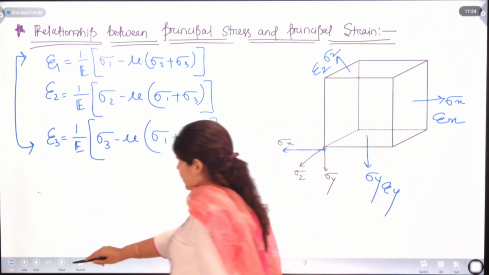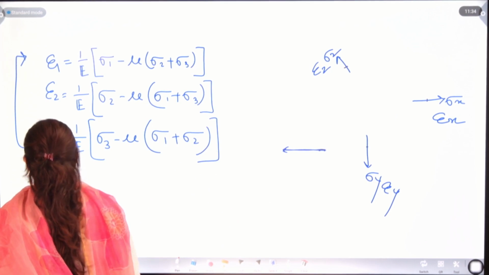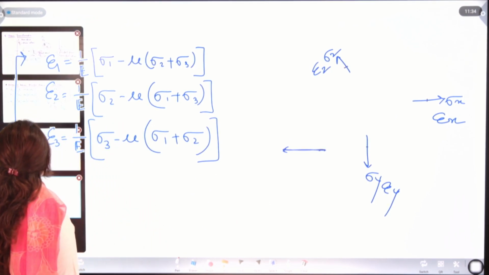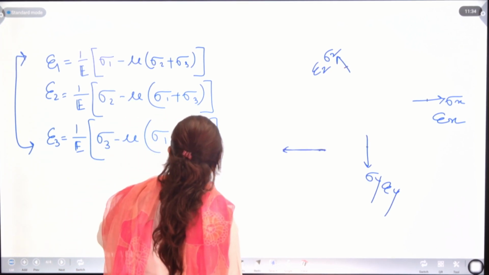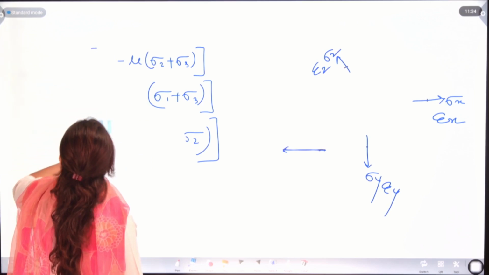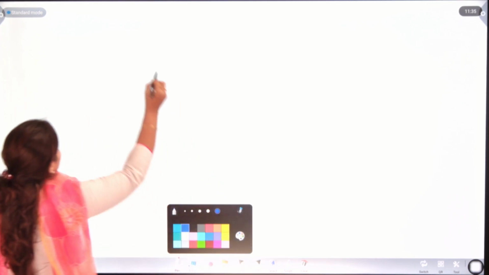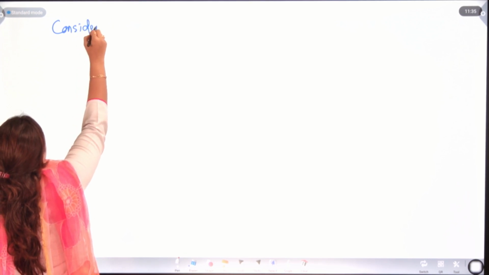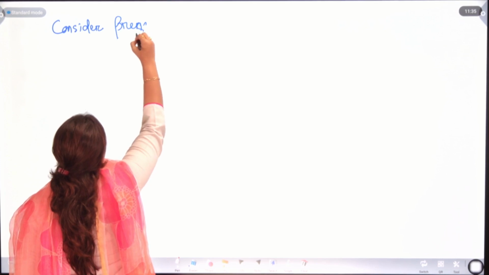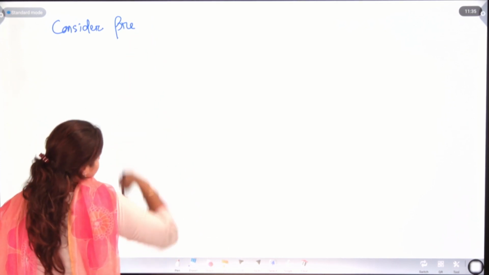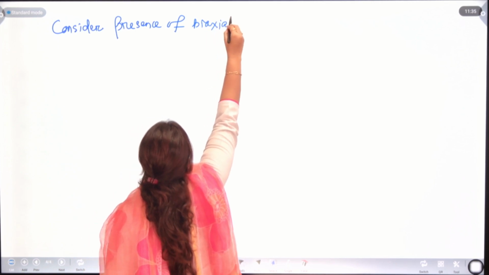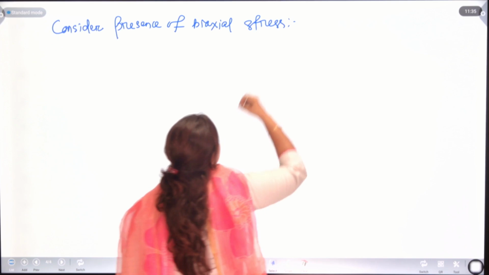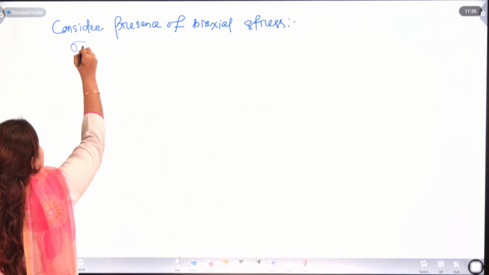If there is presence of biaxial stress, there will be only two stresses, sigma 1 and sigma 2.